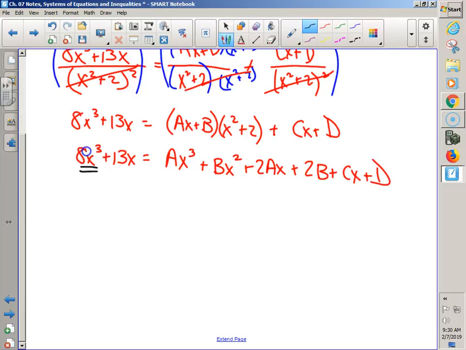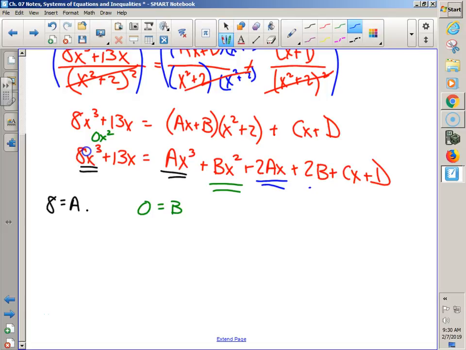What do I see? X cubes, didn't you? Can't we just say 8 equals a? 8 had to come from a. There's no other x cubes. Sweet. Now what? Are there any x squareds? Sweet. So doesn't 0 equal b? Because there would have been a 0x squared over here.